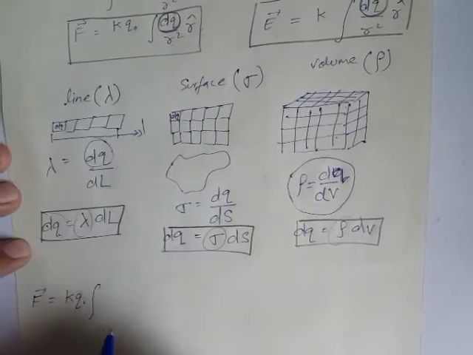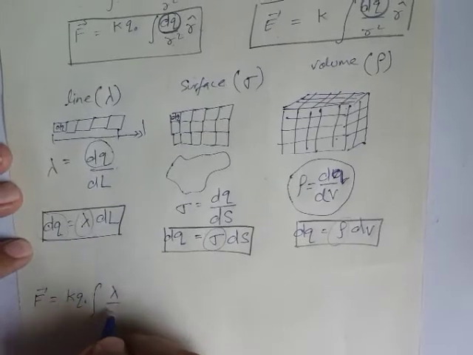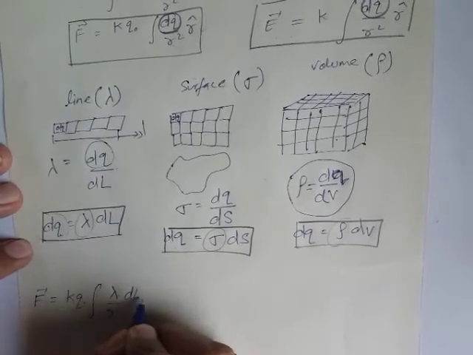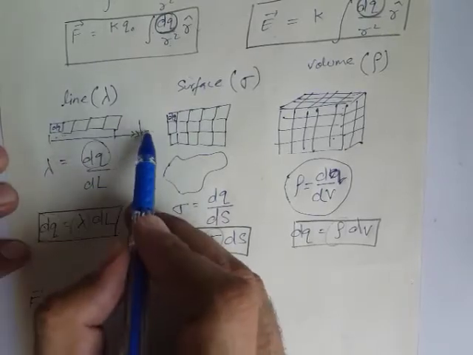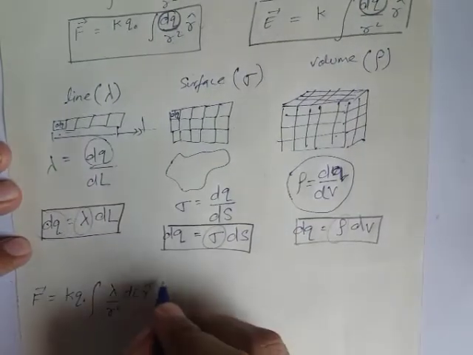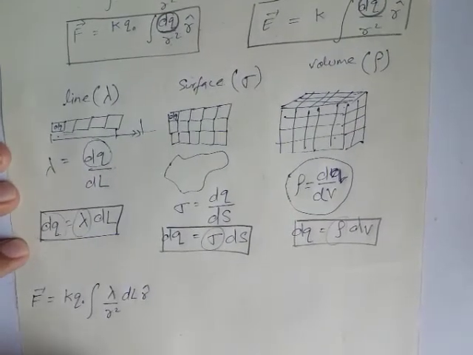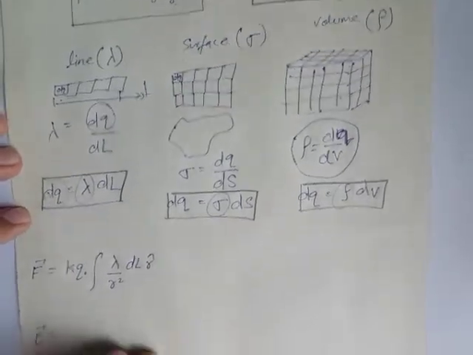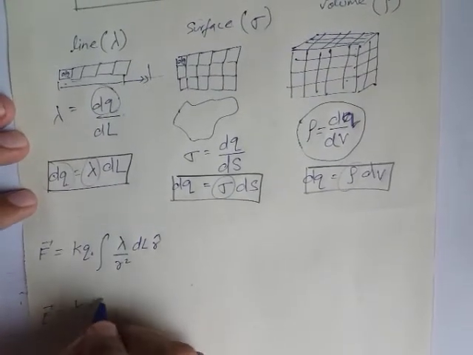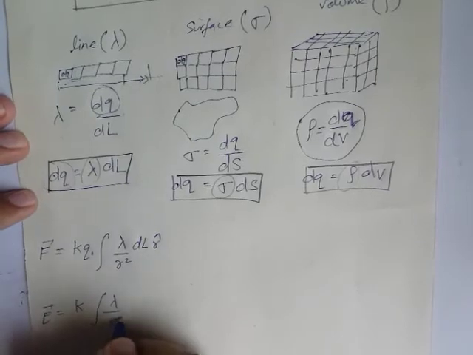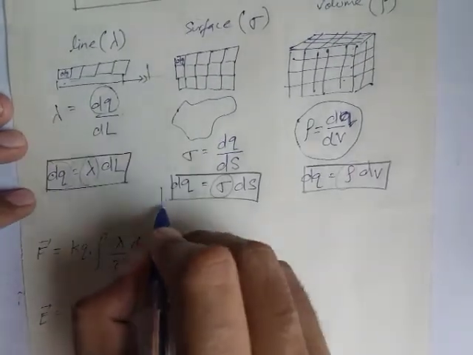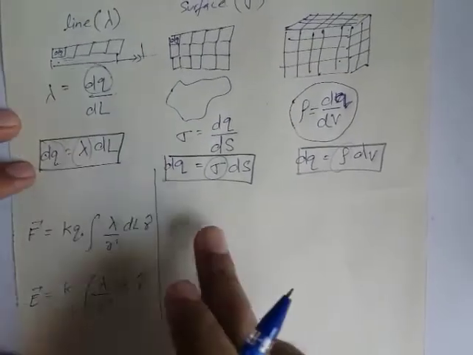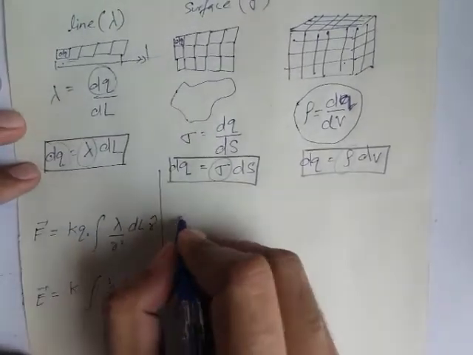We will get lambda upon r square dl, r unit vector, continuously distributed over the straight line. Same way, the electrical field for a line is K integral of lambda upon r square dl, r unit vector.